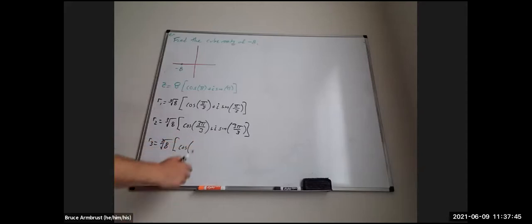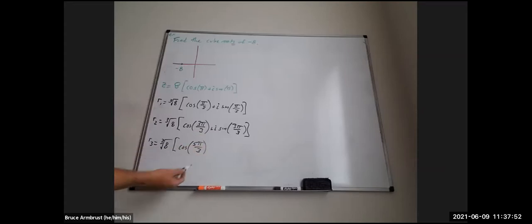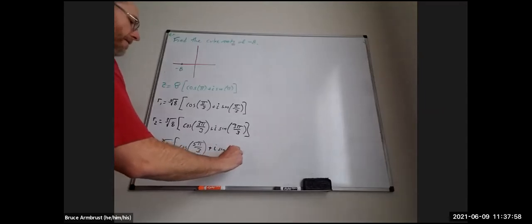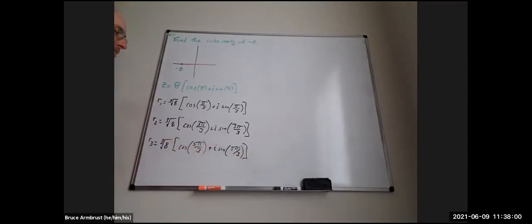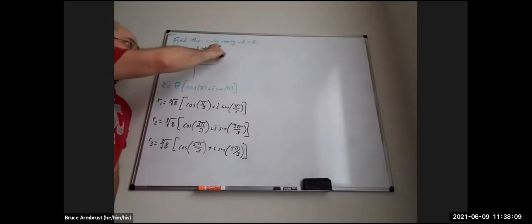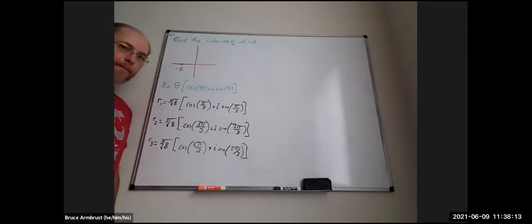But now I need to add another 2 pi. Well, 3 pi plus 2 pi is 5 pi, and then we'll divide by 3. So cosine of 5 pi over 3 plus i sine of 5 pi over 3. And I'm going to stop here because, again, I know I need 3 cube roots. And here they'll be.